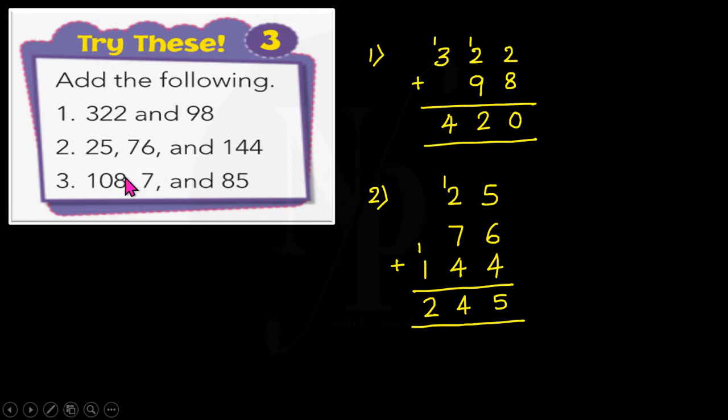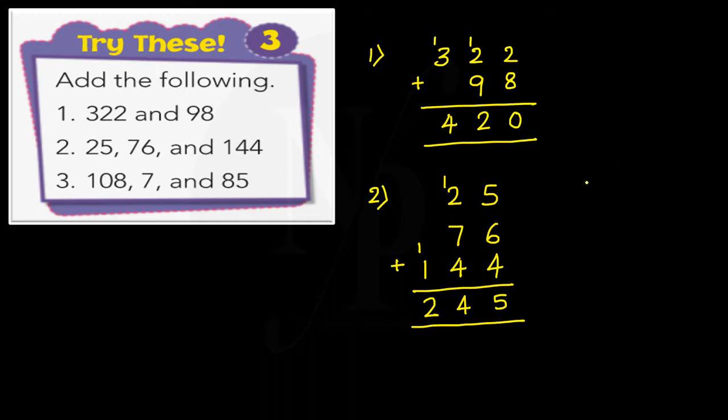Now let us look at the third question. Question number 3. 108, 7 and 85. Here the first number is a 3-digit number, second number is a 1-digit number, and the third number is a 2-digit number. Let us write down these numbers appropriately and then we will add these numbers.